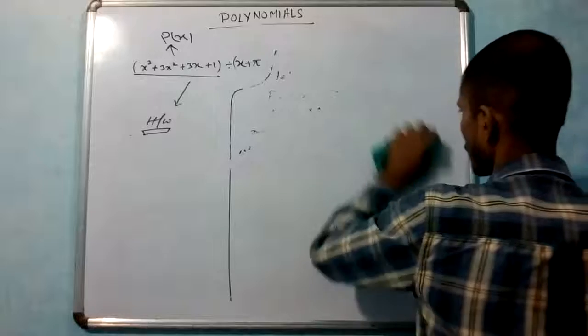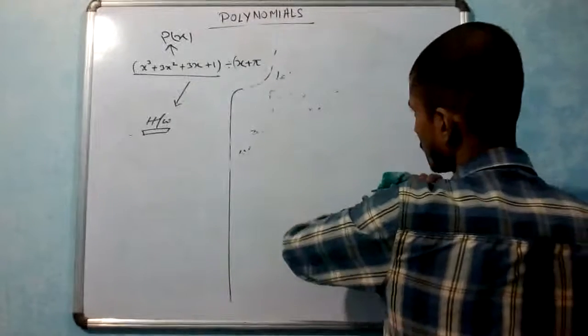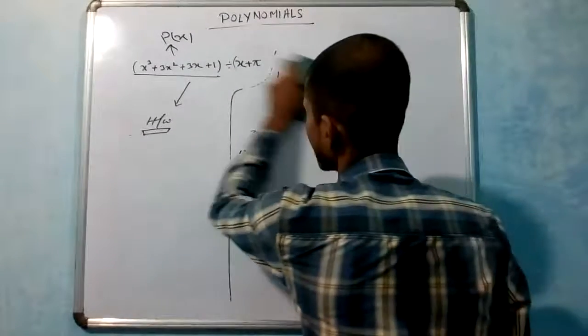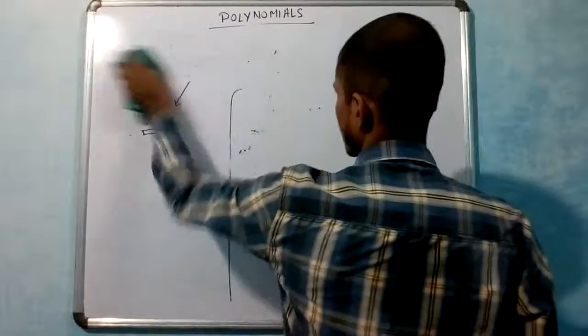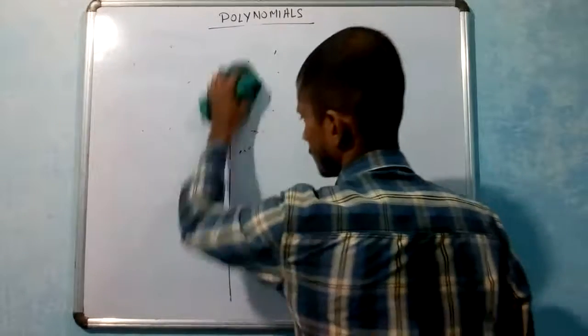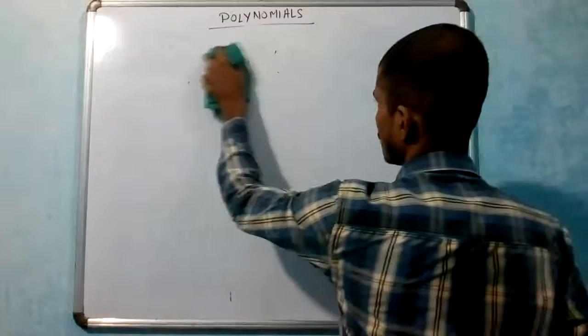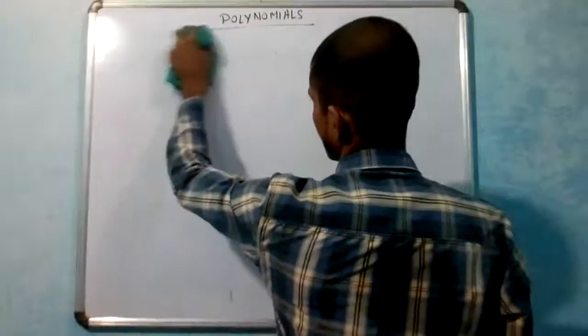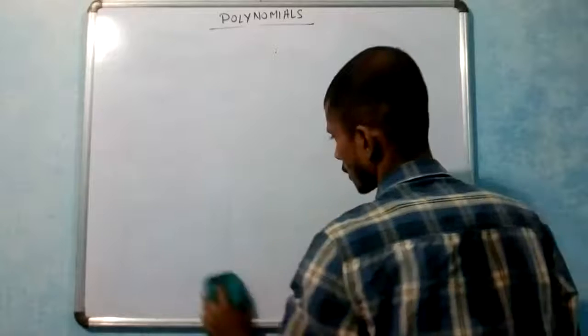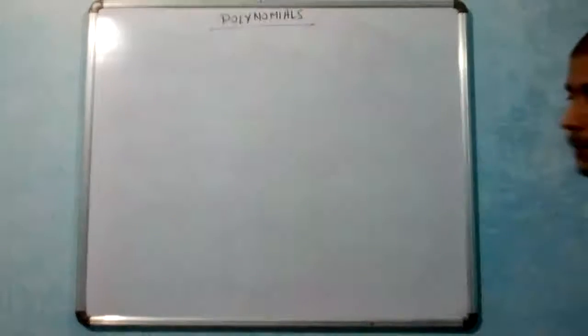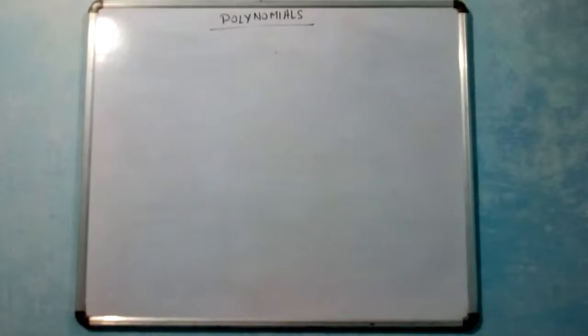Think about it properly. First think about what you should do and then say. Don't tell me wrong. Without actual division, you have to find the remainder.